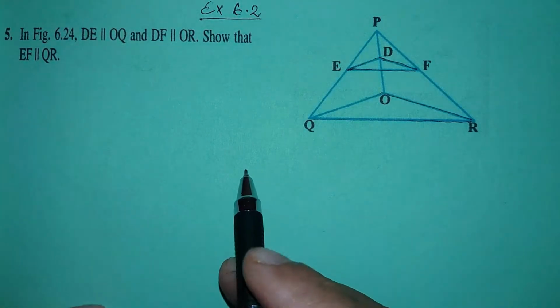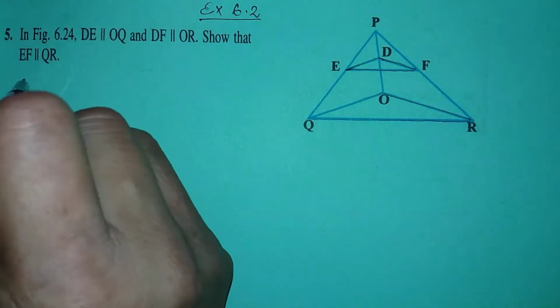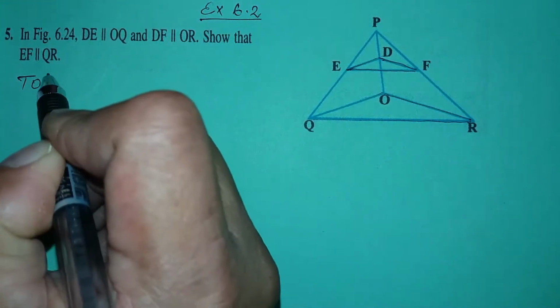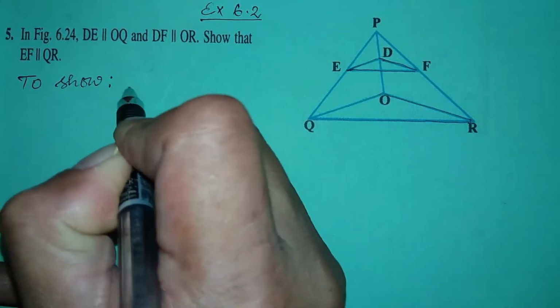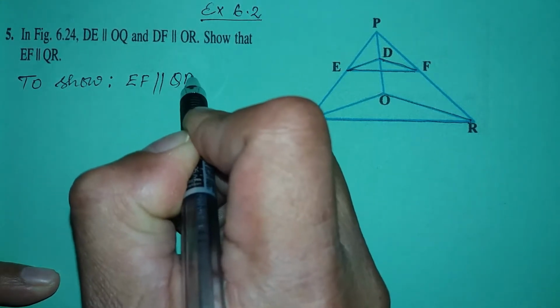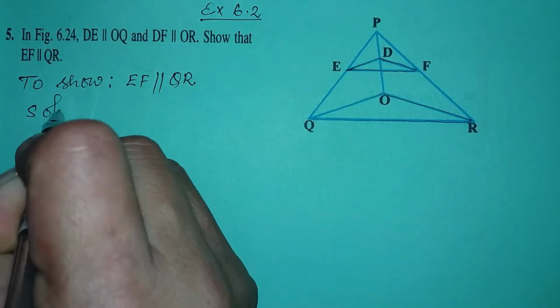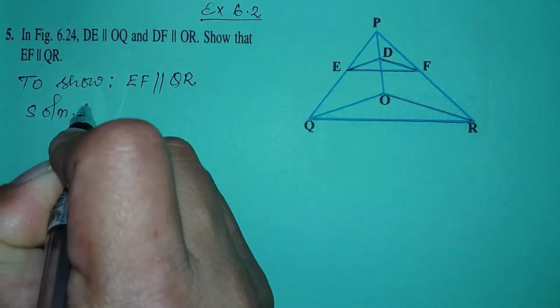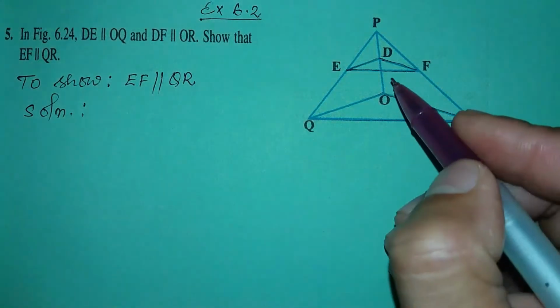So let's see the first one here. To show is EF parallel to QR. Solution. First let's take this triangle PQO.